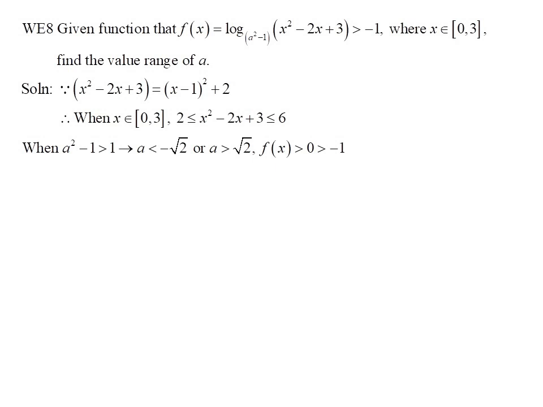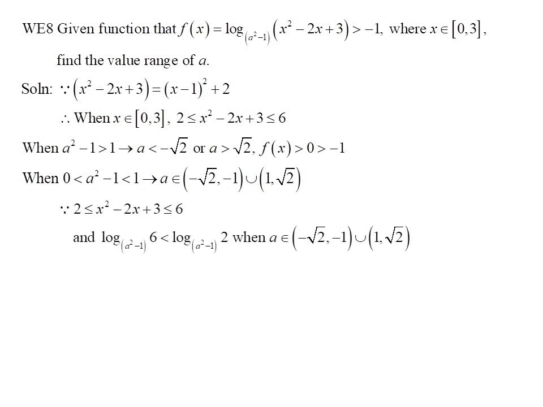When the base a squared minus 1 is between 0 and 1, which is equivalent to a being in the union of the real set from negative square root 2 to negative 1 with the real set from 1 to square root 2, due to the base argument being a closed real set from 2 to 6, logarithm base a squared minus 1 of 6 is less than logarithm base a squared minus 1 of 2.